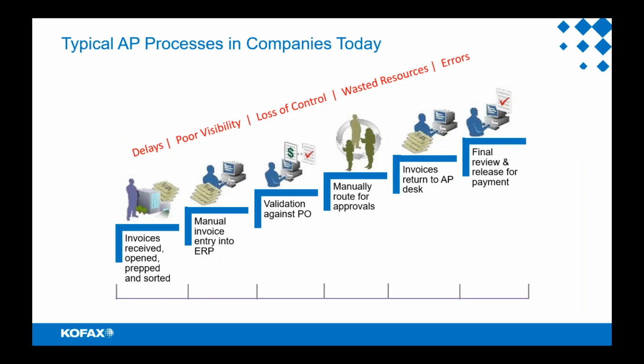And if you look at how companies and corporations today do their typical AP process, what you see is it's really a stair-stepping that occurs, a stair-stepping that is fraught with all of those concerns I just shared, from delays all the way through wasted resources and errors.